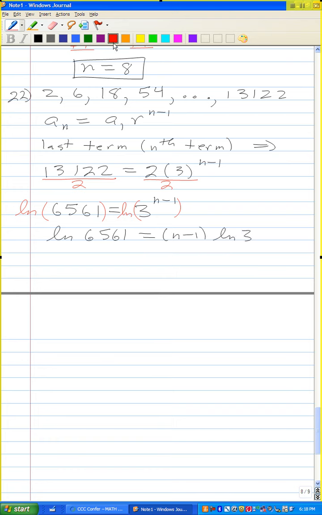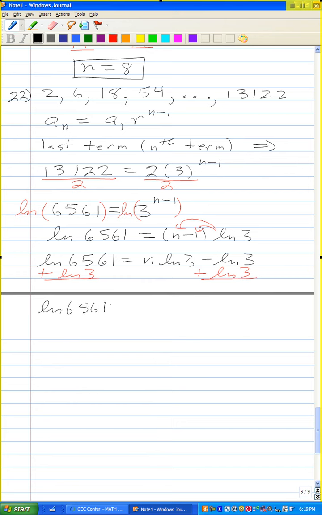Let me multiply ln 3 inside the parentheses. By the distributive property, I have ln 6561 equals n ln 3 minus ln 3. Let me add ln 3 to both sides of my equation. And so I have that ln 6561 plus ln 3 equals n ln 3. So let me divide both sides by ln 3.